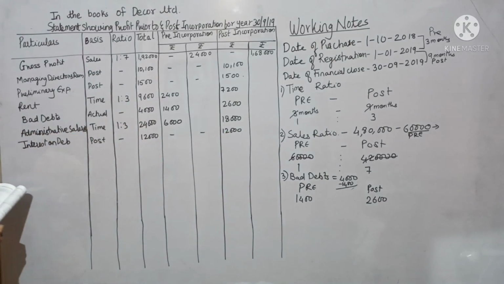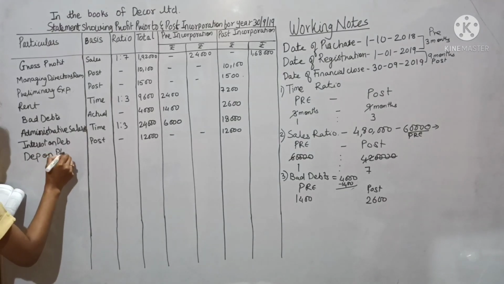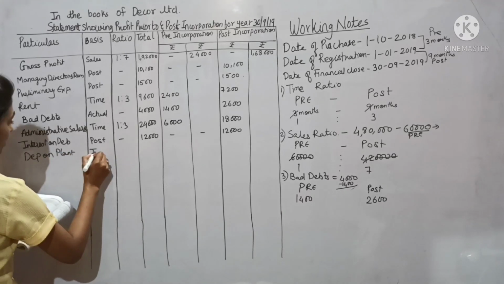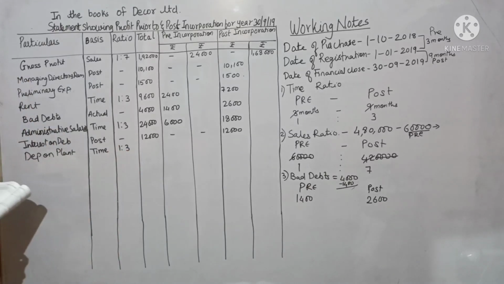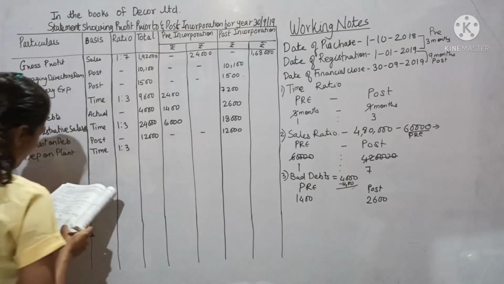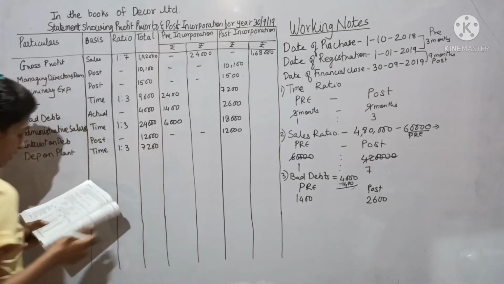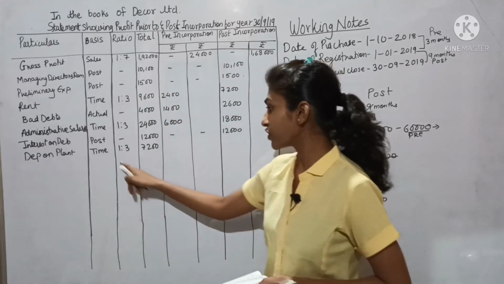Next is depreciation on plant. This entry we have to give on the basis of time ratio. Time ratio is 1:3 and total depreciation on plant is 7,200, and this 7,200 we have to give on the basis of time ratio.